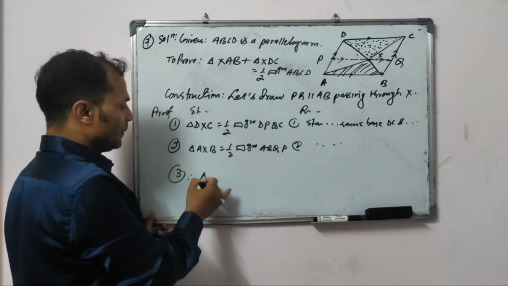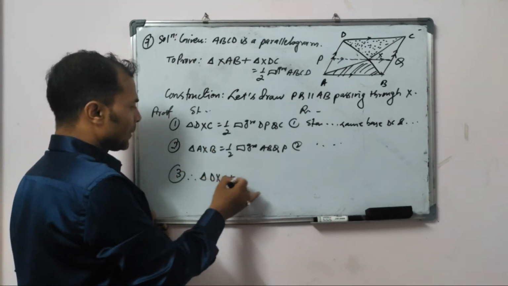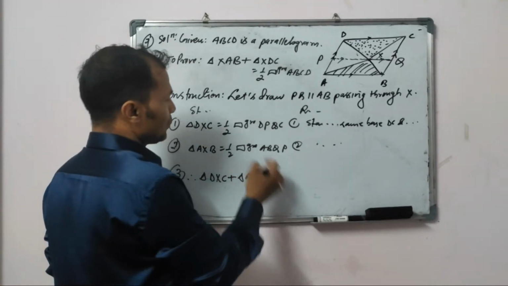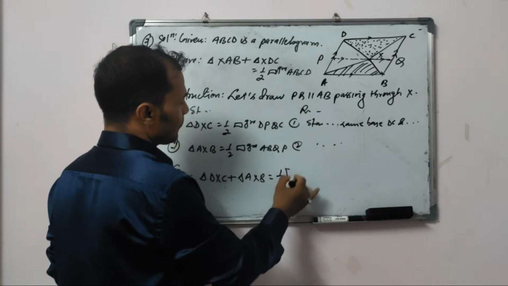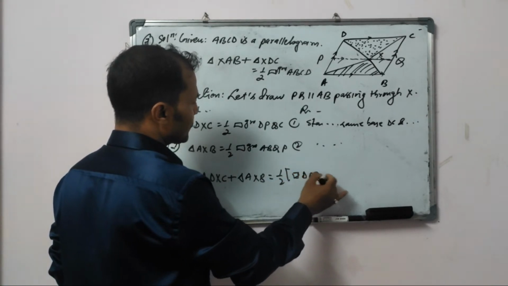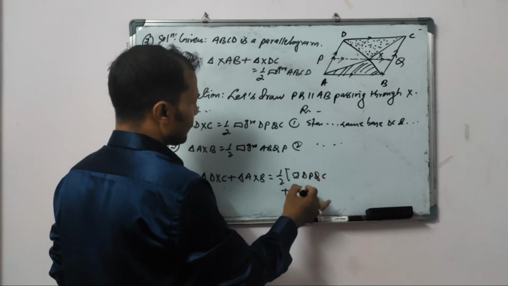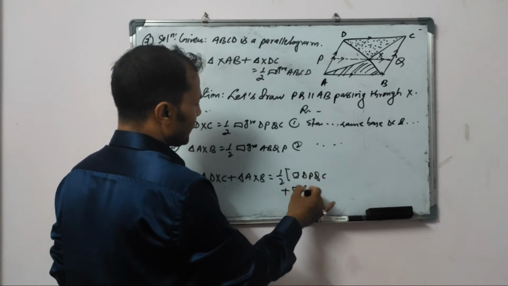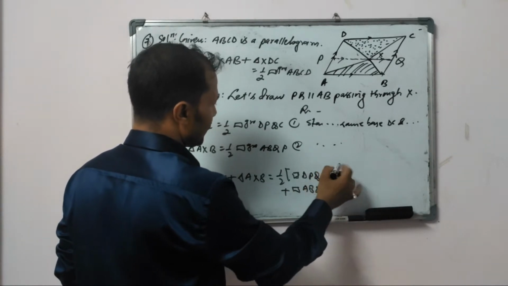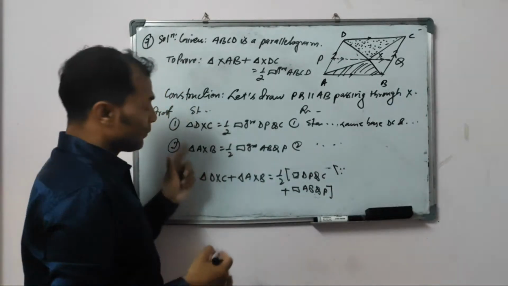Therefore, add triangle DXC plus triangle AXB equals, adding these two, taking half common, parallelogram DPQC plus parallelogram ABQP. What is the reason for this? Adding 1 and 2.